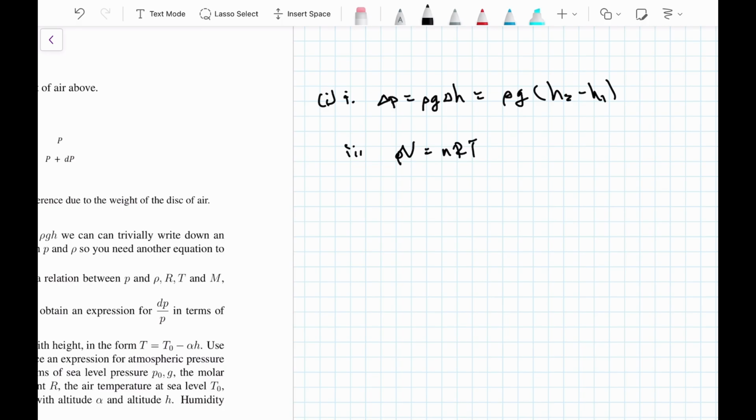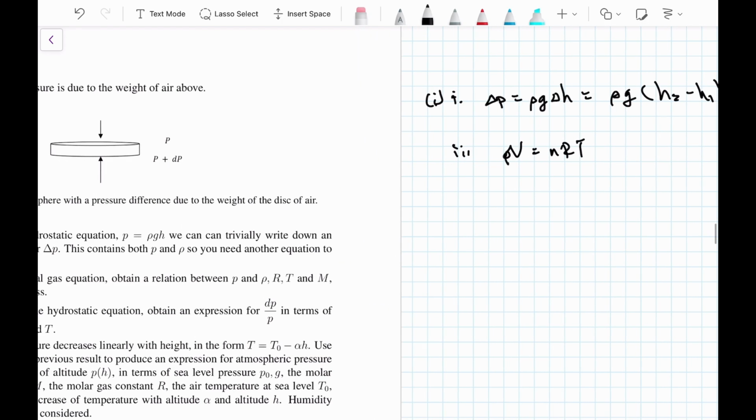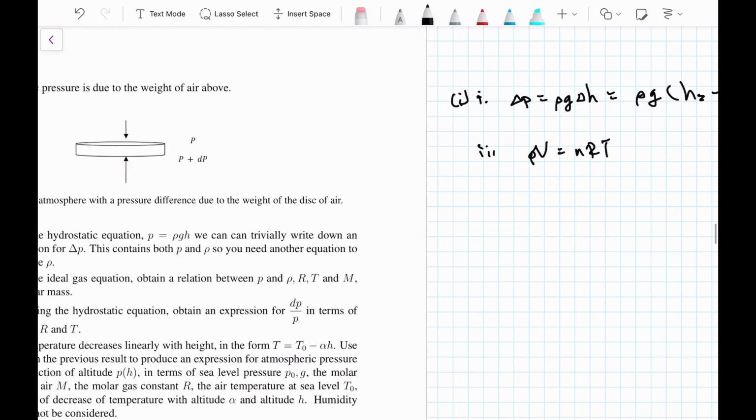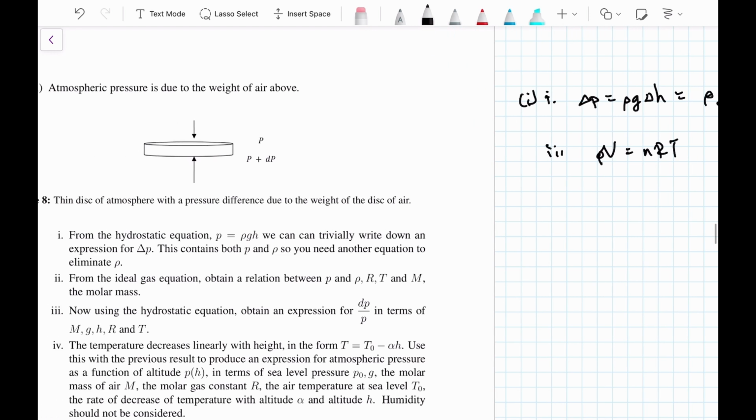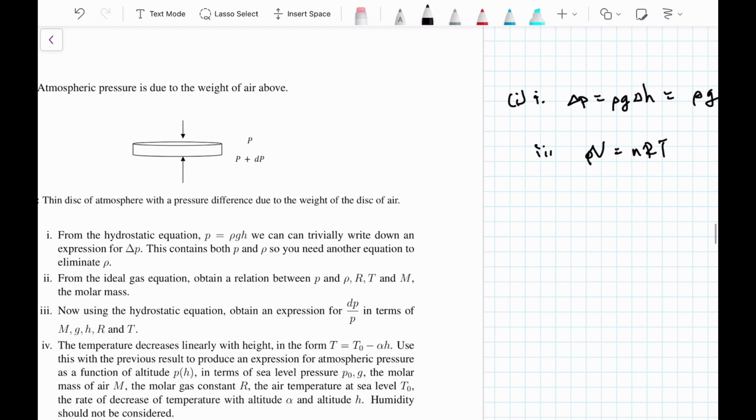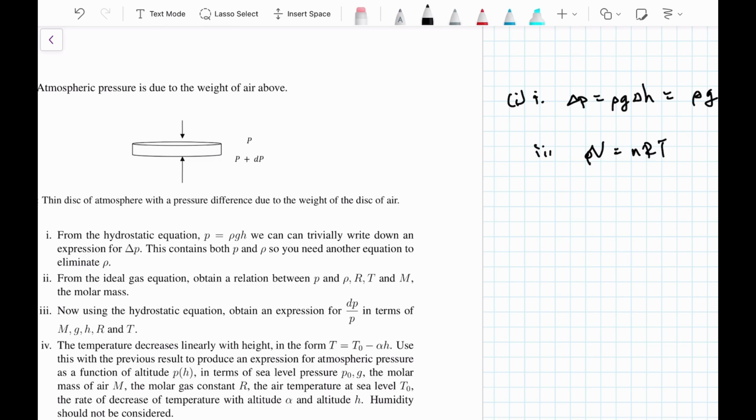So how do we tie things over here? The molar mass. Obtain a relation between P and rho.